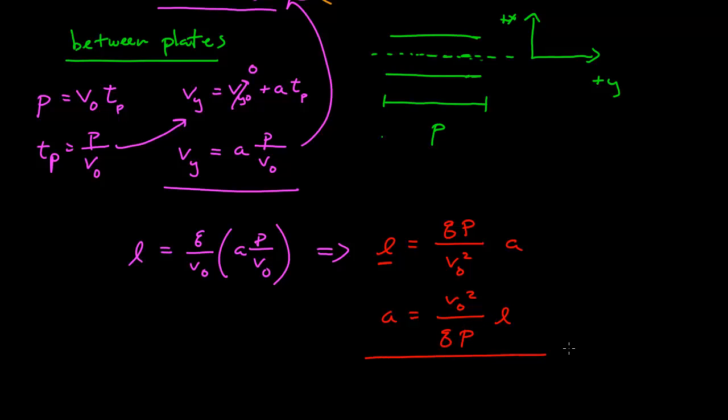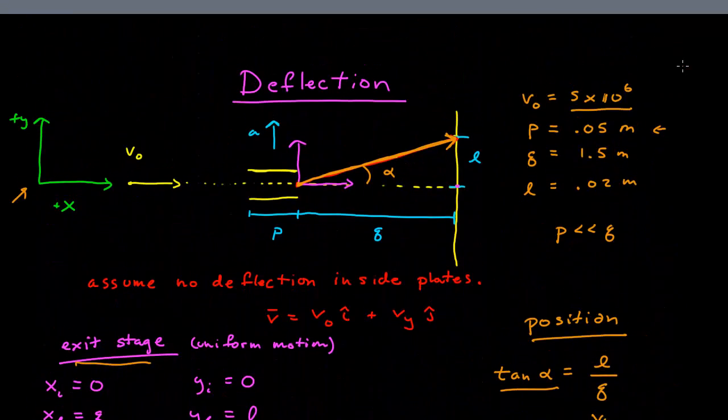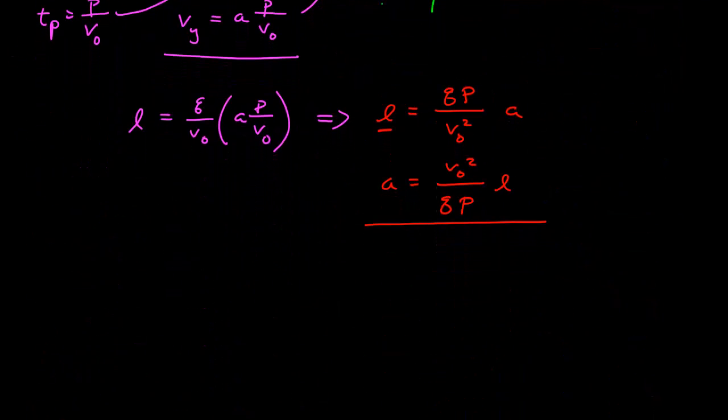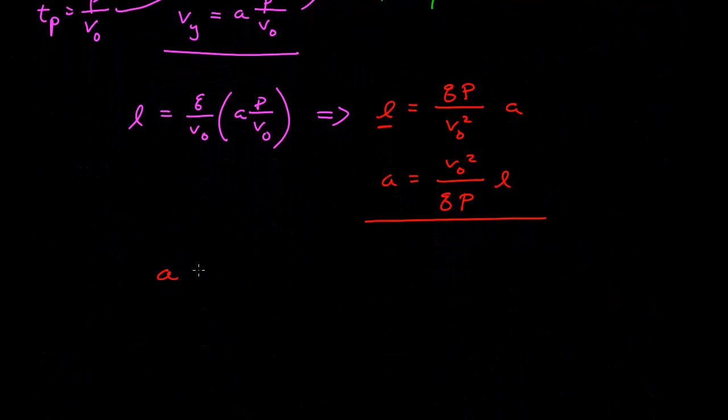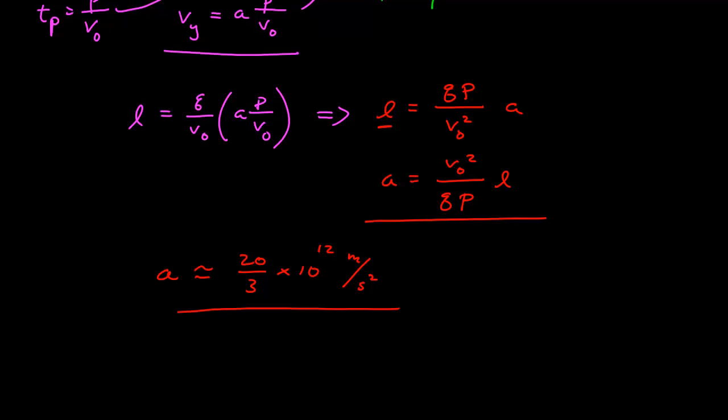All right. So if I put in the numbers that I have here, I will get that an acceleration is given by 20 times 10 to the 12 meters per second squared. That's the sort of acceleration I would need to deflect the charged particle so that the deflection at the screen would be 2 centimeters.